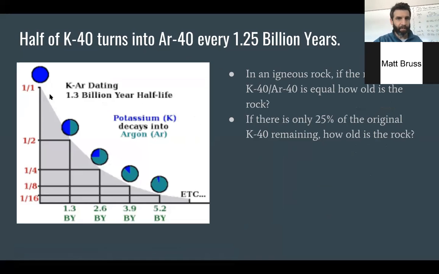So it goes from 100% to 50% to 25% to 12.5% to 6.25%. And at that point, we are at 5.2 billion years old. And that is about the age that scientists have calculated the age of the Earth.